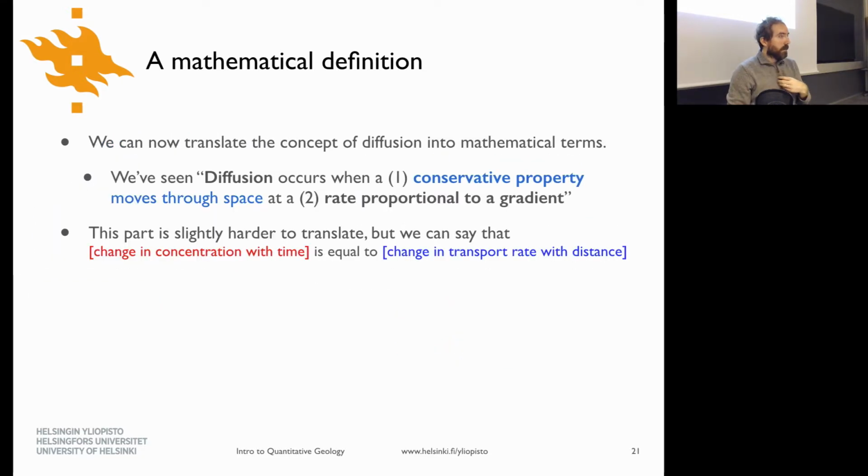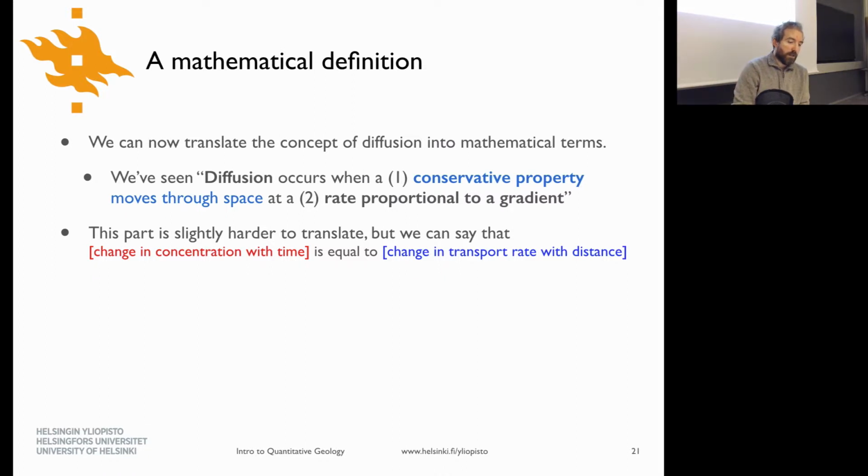There's another piece of the equation we have to consider here, and that is this conservative property moving through space part. It's a little bit harder to formulate this in terms of words that we can understand. But we can think about the change in concentration with time as being one part of moving our conservative properties. That's the thing that's being conserved.